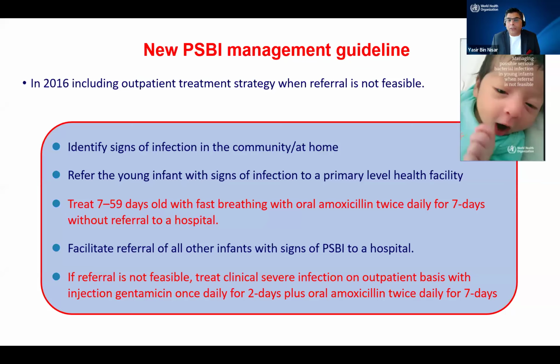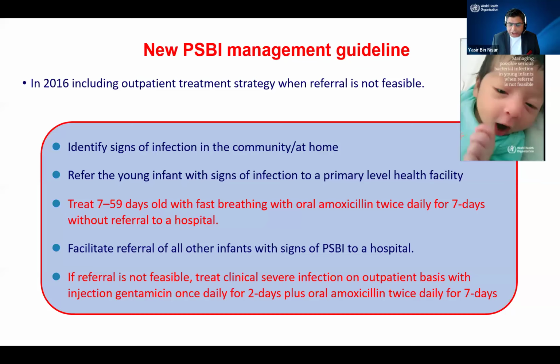So we provided a clear strategy for community health workers that whenever they visit postnatally to assess a newborn, they should identify these danger signs. The second important strategy was again similar to the previous one, that once they identify these signs of infection, the young infant should be referred immediately to the primary healthcare facility.